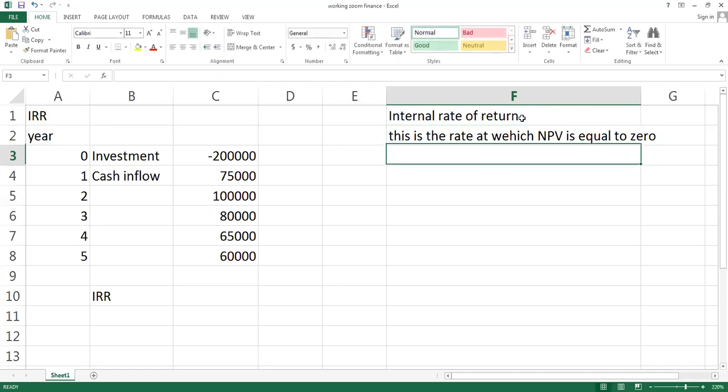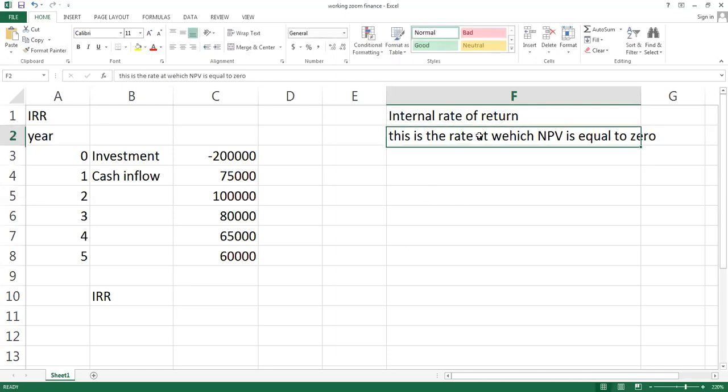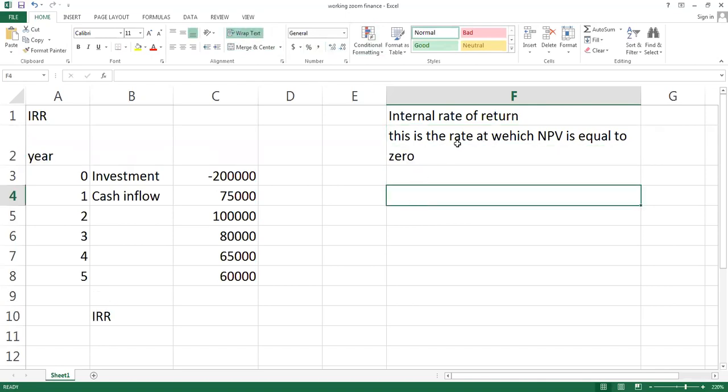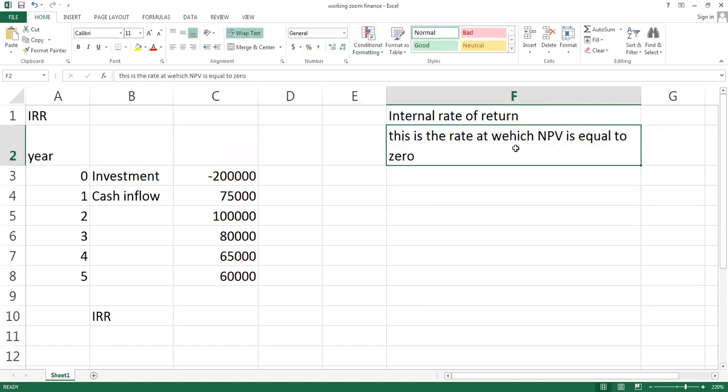So when we say that we are interested to calculate IRR, it means that we are interested to find out the rate which is applied on the cash flows, and then that cash flow will give you NPV equal to 0.